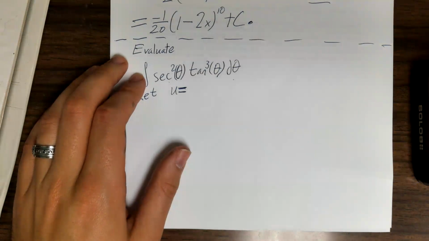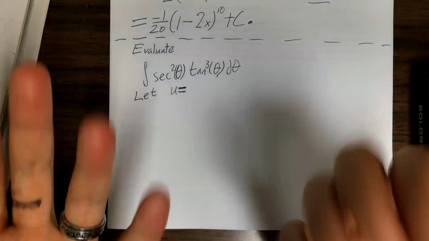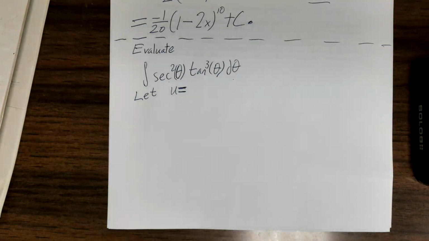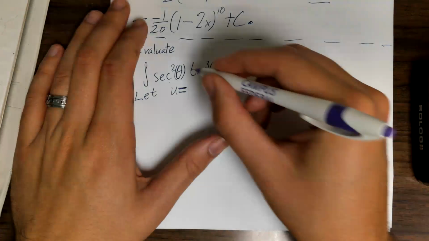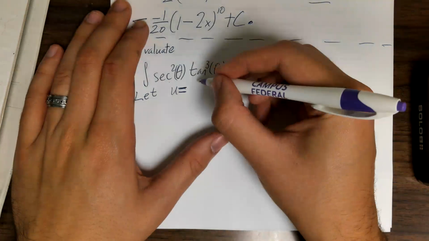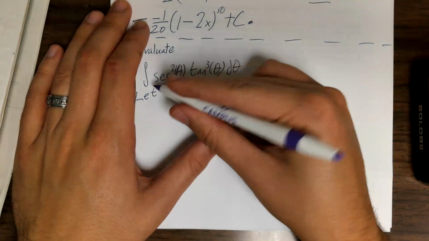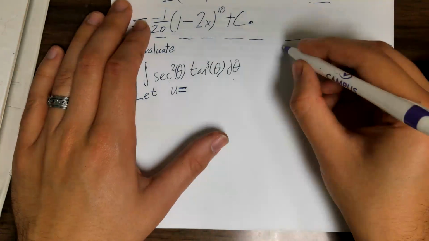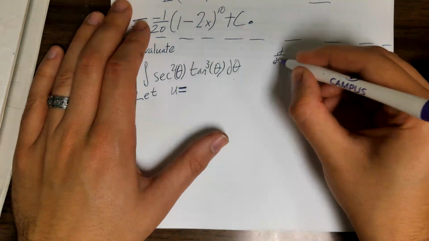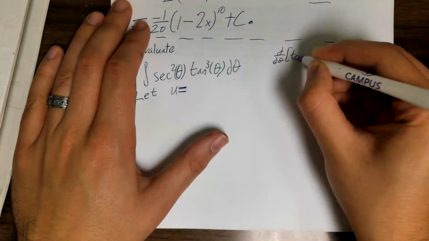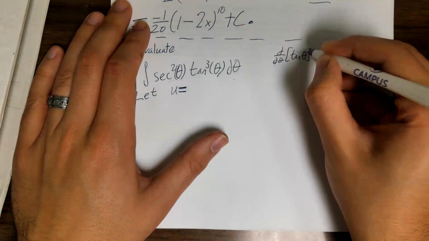So you got to think about what your standard derivatives for the trig functions are. If you take the derivative of sine, you get cosine. If you take the derivative of cosine, you get a negative sine. But I don't have sine and cosine in here this time. I have tangent, I have secant. So let's think about what the derivatives of these trigonometric functions are.